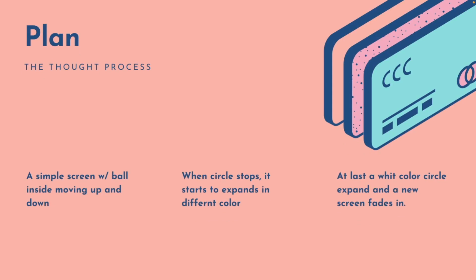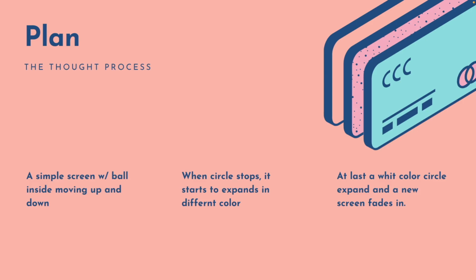So what is the plan? In other words, what will be the thought process? I have divided this into three parts. The first one is a simple screen with a ball inside moving up and down. So basically a ball which appears and has initials inside it.